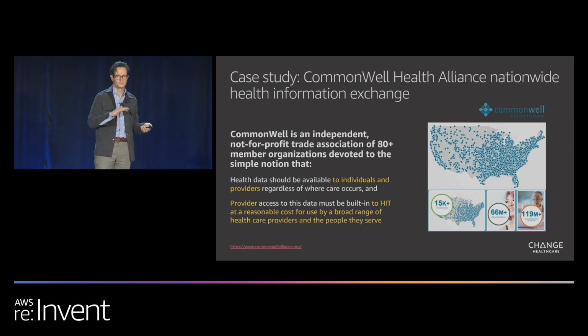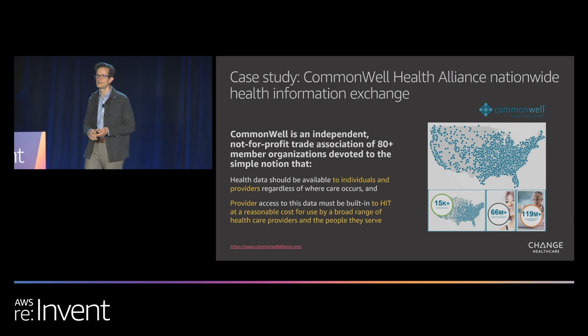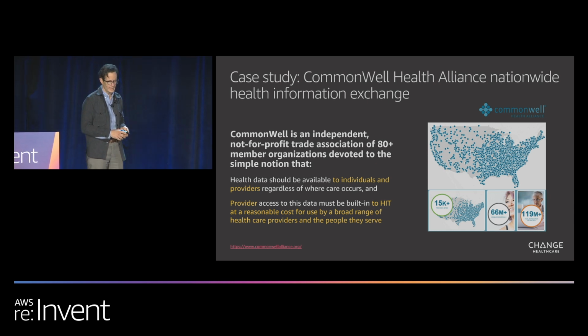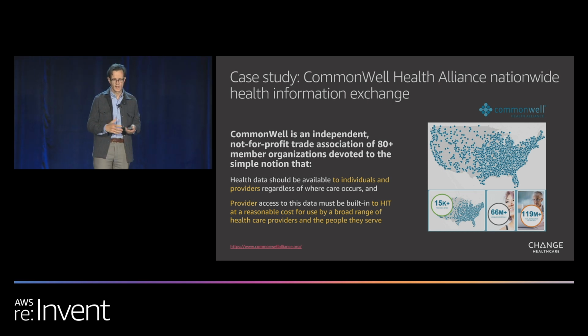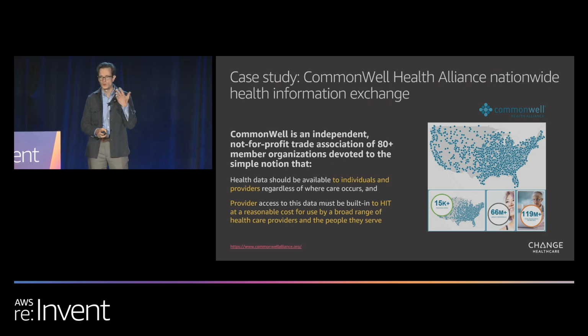And we're seeing large amounts of volume of data transmit between those two different networks. So, we're seeing the promise of large-scale interoperability playing out. You see the map with all of the connection points, the number of patient lives who are connected, the number of records that are connected, and the like. And there's a lot of room to grow in this space.